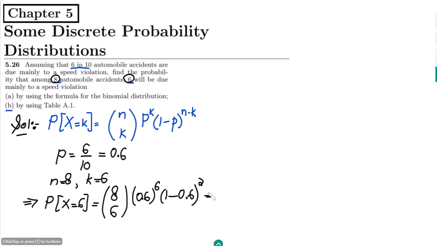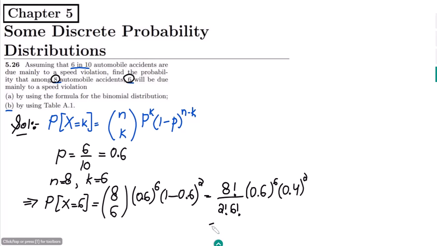Let me simplify it as well. Simplifying it, it will become 8 factorial divided by 8 minus 6 factorial, which is 2 factorial, and 6 factorial as well, multiplied with 0.6 raised to power 6 and 0.4 raised to power 2.